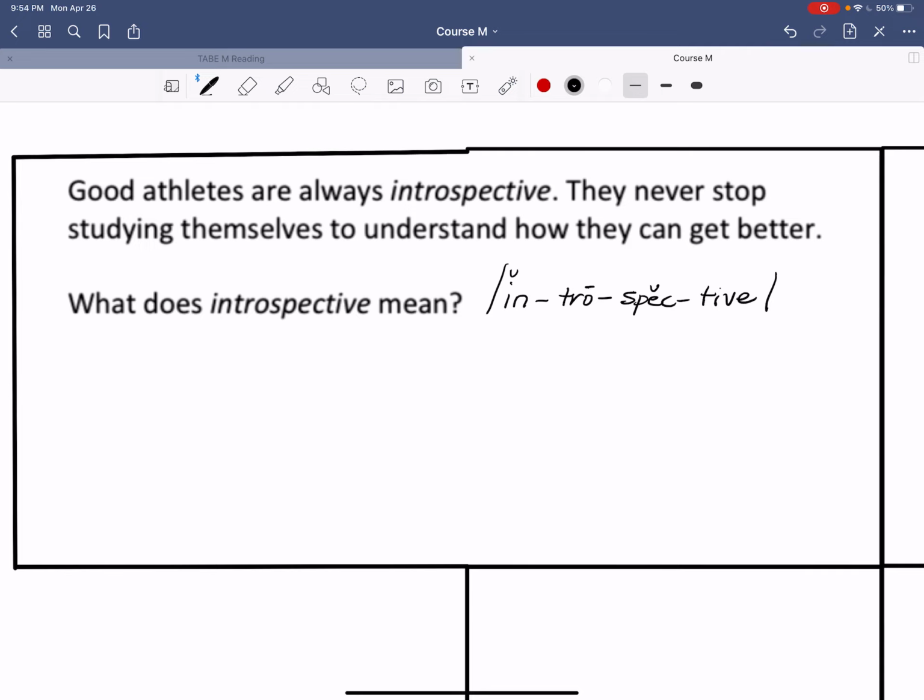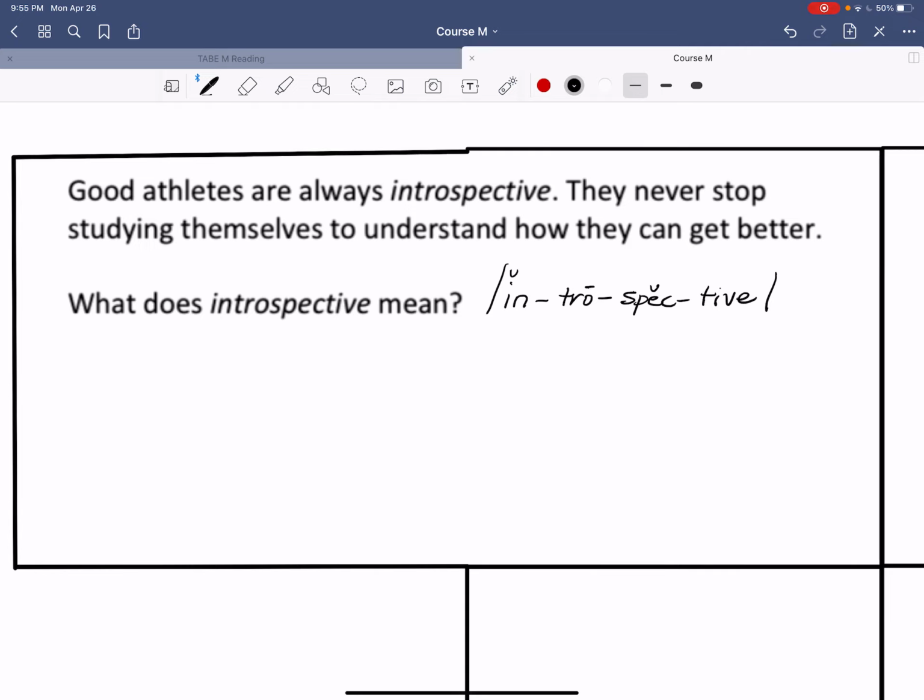So this one is talking about athletes, which are men and women, boys and girls who play sports. So good sports players are always, this is a habit that they're always doing, introspective. They never stop studying themselves to understand how they can get better.